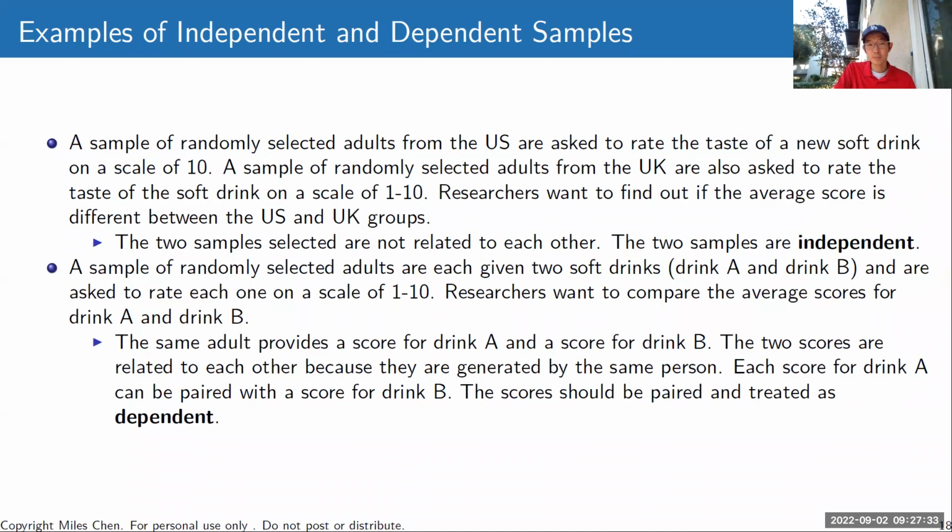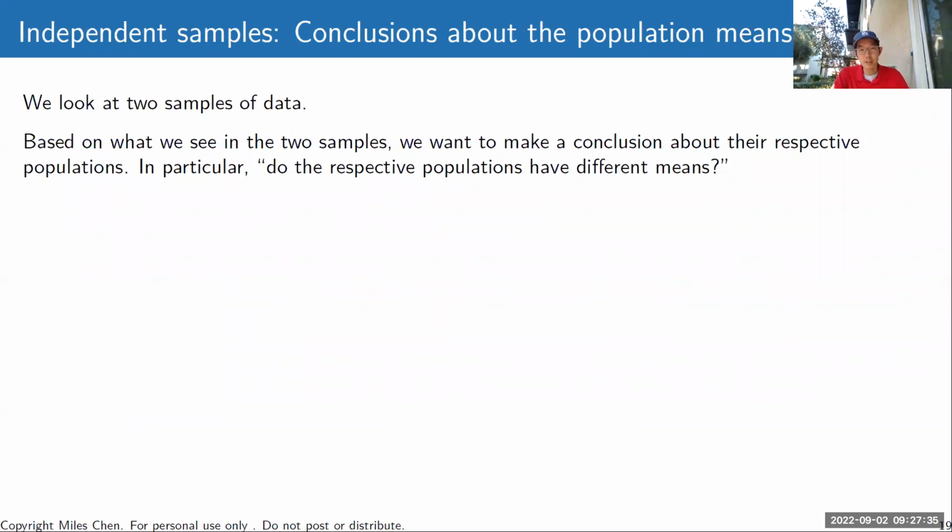So when we're dealing with independent samples, the question we're asking is, do their respective populations have different means? You have sample 1 and sample 2. Sample 1 comes from population 1, and sample 2 comes from population 2.